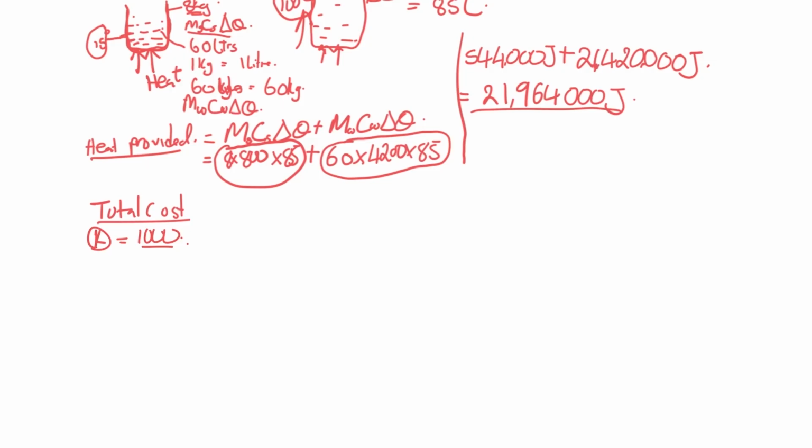So meaning that when I get this value, the total heat, we shall divide it by 1000. 21,964,000 divided by 1000, so these 3 zeros will disappear and we shall have 21,964 kilojoules.